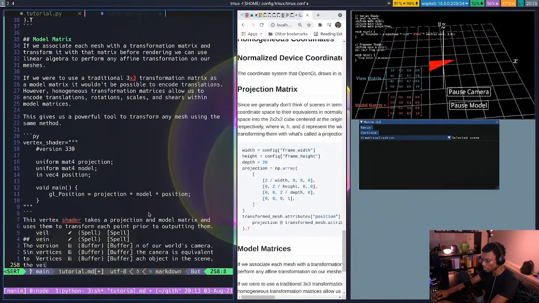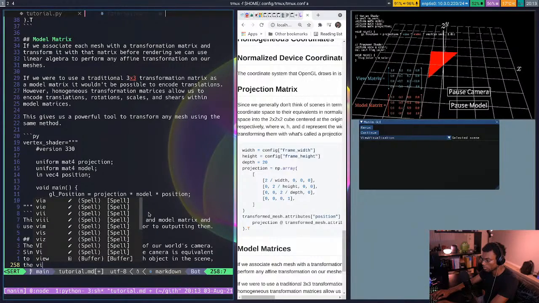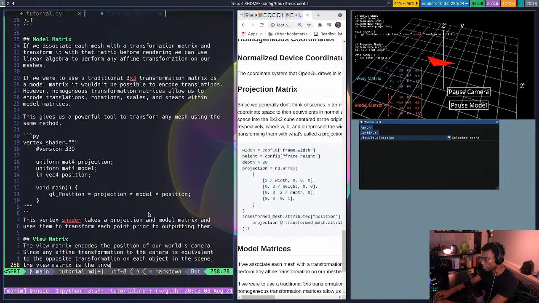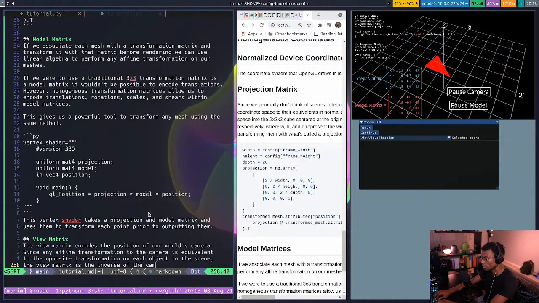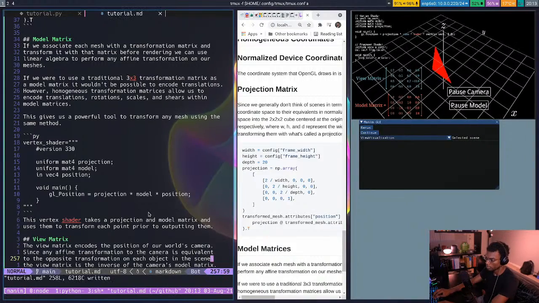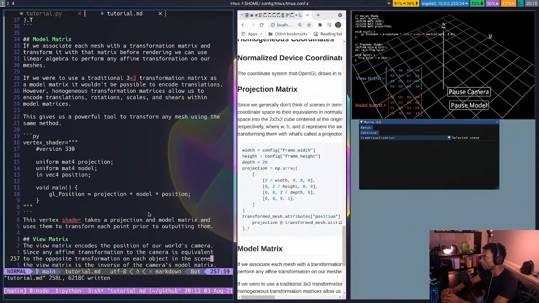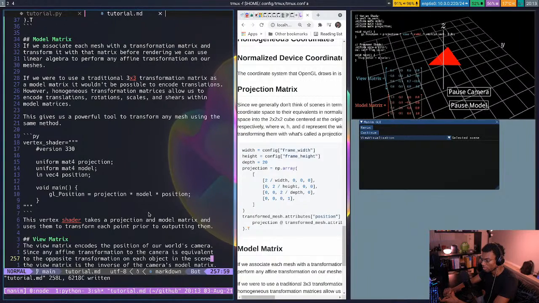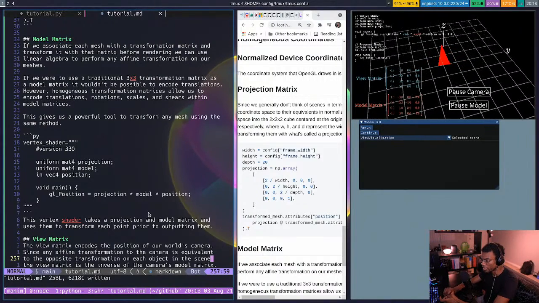The view matrix is the inverse of the camera's model matrix. And that's really pretty much all there is to say about the view matrix.